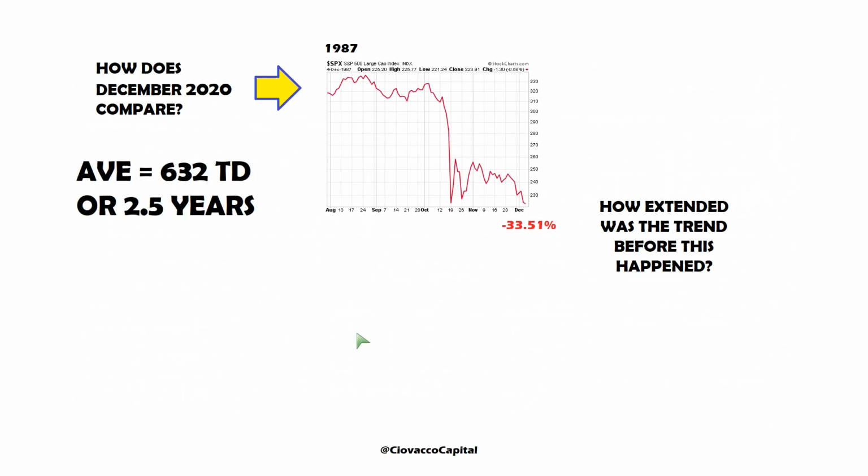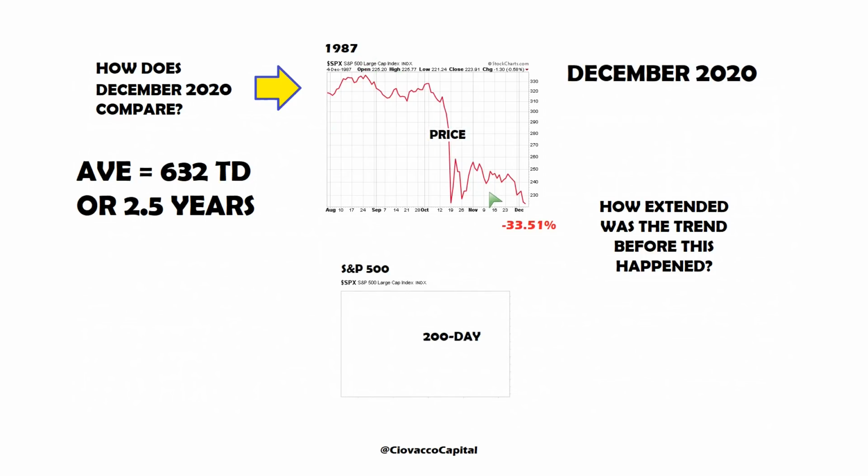The 6 periods that we just covered, on average, it was 632 trading days since the slope of the 200-day moving average for the S&P 500 was negative, or roughly 2.5 years before the peaking process began. So in the present day, are we better, worse, or about the same relative to being extended?